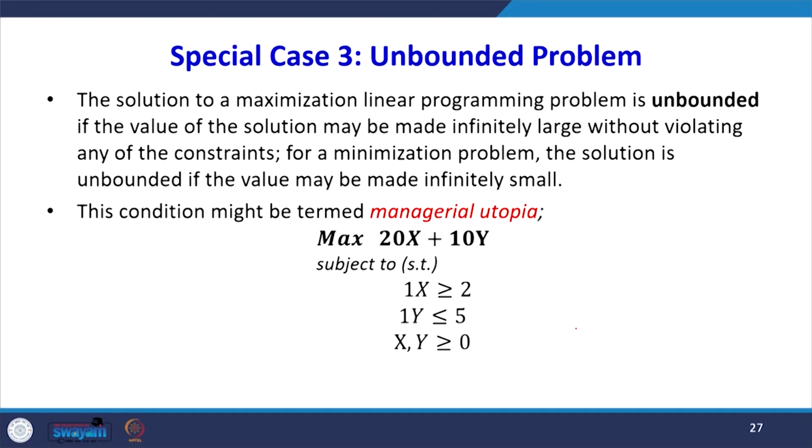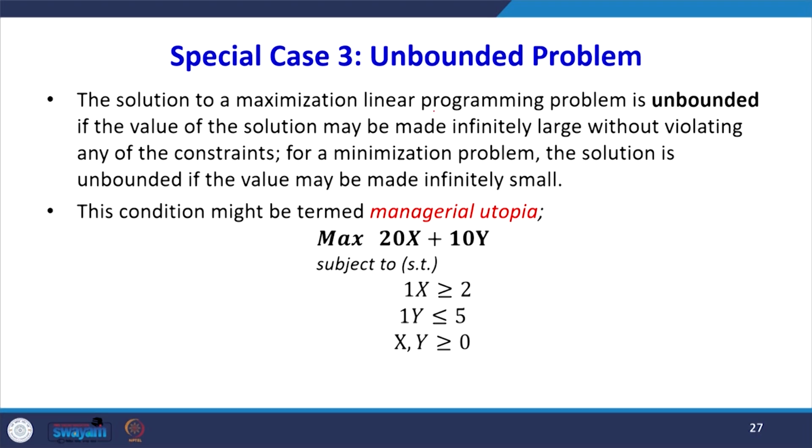Then the third case is unbounded problem. The solution to a maximization linear programming problem is unbounded if the value of the solution may be made infinitely large without violating any of the constraints. Now, the feasible region is infinitely large, but it is not violating any constraint.